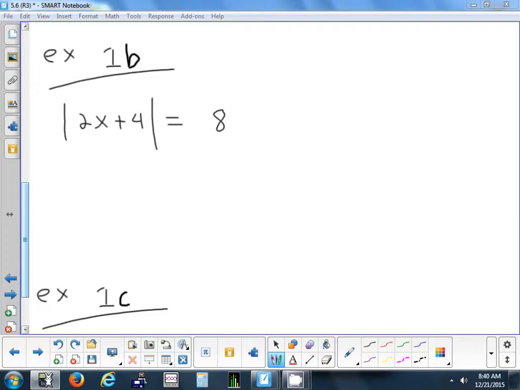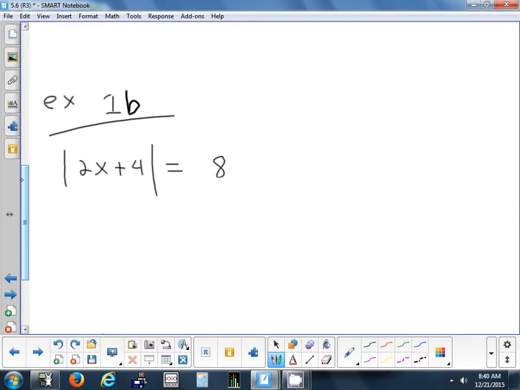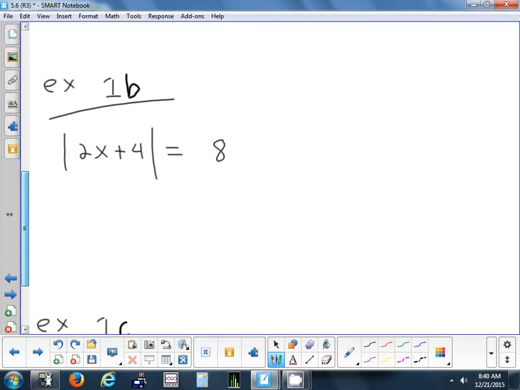No. Okay, what do you think is preventing this absolute value from being by itself? +4. That's okay. That's inside the bars. Anything that's inside the bars is okay. Is there anything outside the bars on the left-hand side?